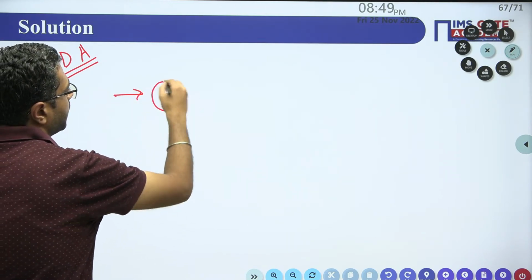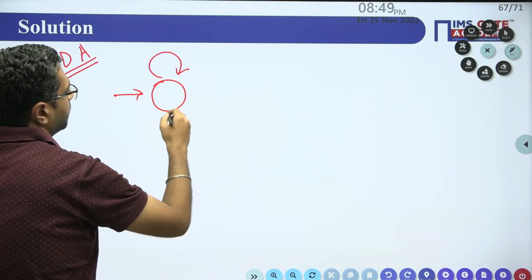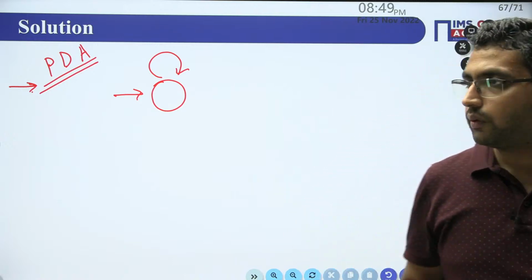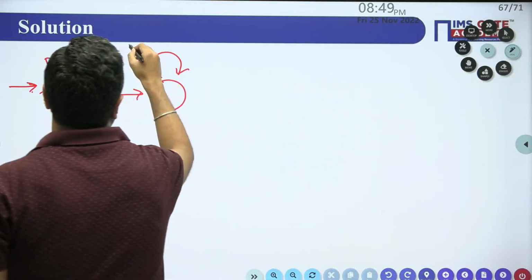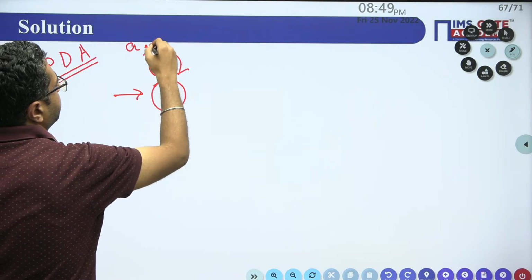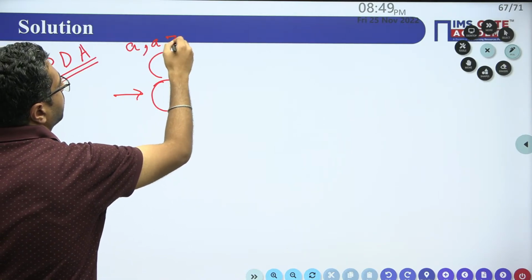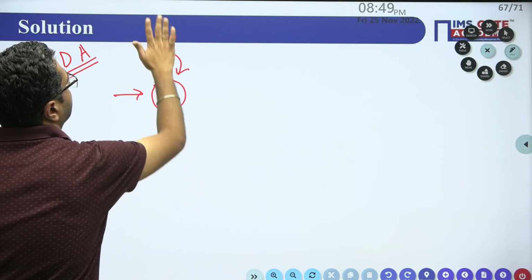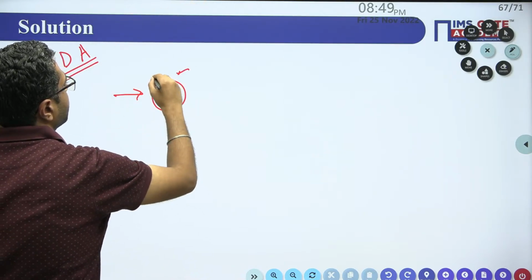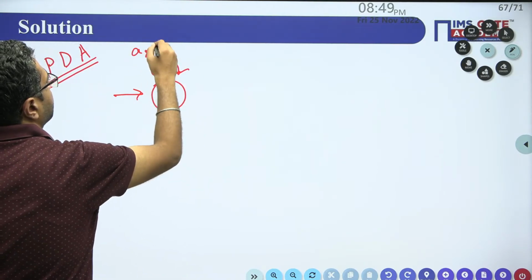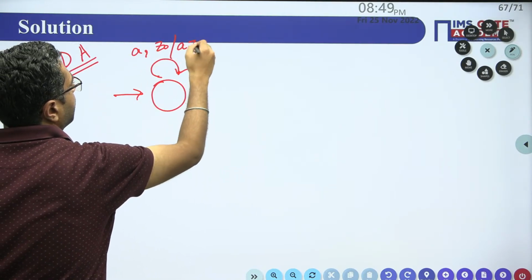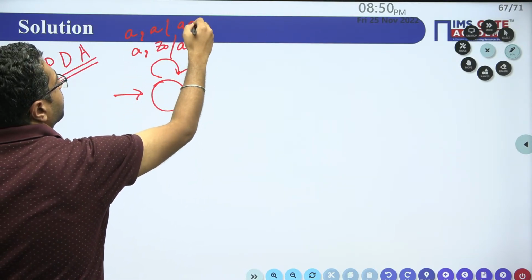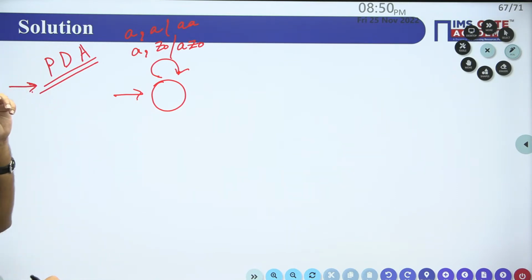So for A raised to power n, B raised to power n, we will keep on pushing A's as they come. If the top of the stack is Z naught, then you will push A Z naught. And if the top of the stack is A, you will push AA, right? You will push A's.